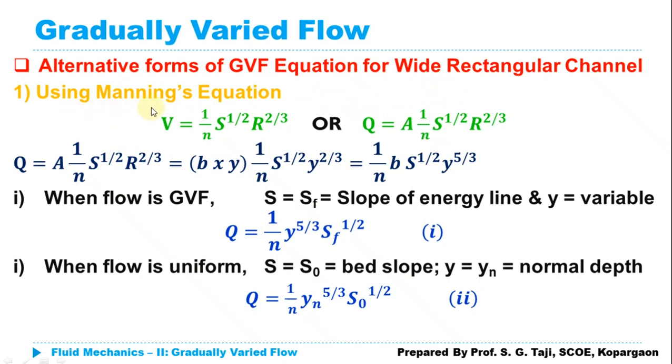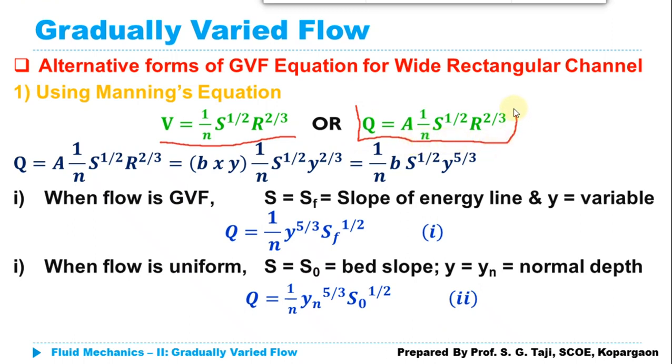We know Manning's equation, which is given by V equal to 1/n S^(1/2) R^(2/3), or simply in the form of Q, I can write Q equal to A (1/n) S^(1/2) R^(2/3). The same equation we discussed while discussing open channel flow.